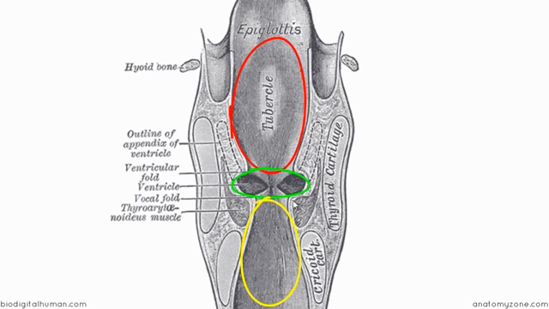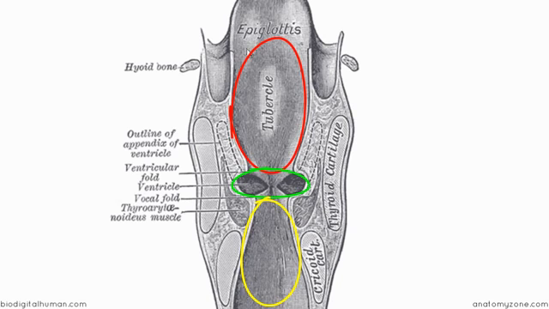And the inferior compartment of the laryngeal cavity is the infraglottic space. This bottom chamber extends from below the vocal folds to the opening of the larynx into the trachea. The larynx ends at the bottom of the cricoid cartilage, and it becomes continuous with the trachea here. So this is the infraglottic compartment.